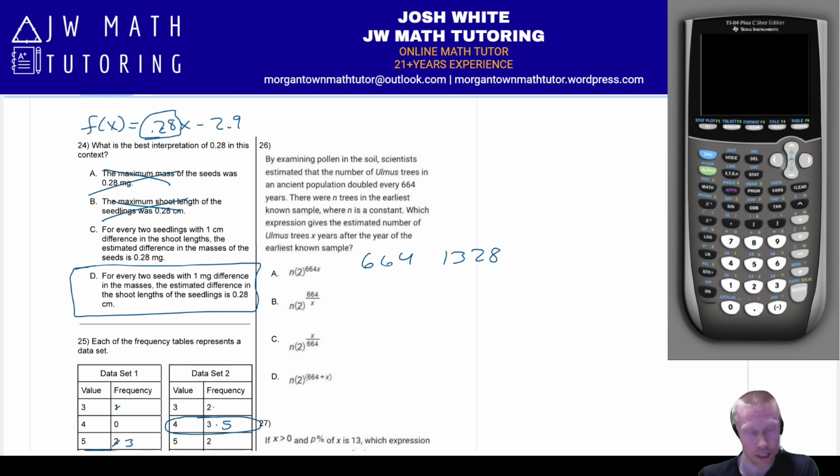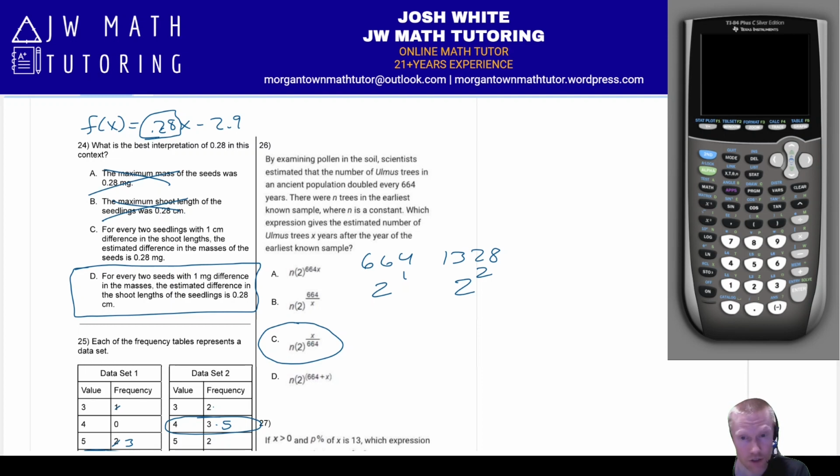So when you look at these possible answer choices and plug these in, what you're looking for is 2 to the first for the first doubling, and then 2 to the second for the next doubling. Or in other words, it can be multiplied by 4. So C is the only possible answer choice where this makes sense. Like, A, the numbers would be way too large because you're multiplying 664 times each of these.